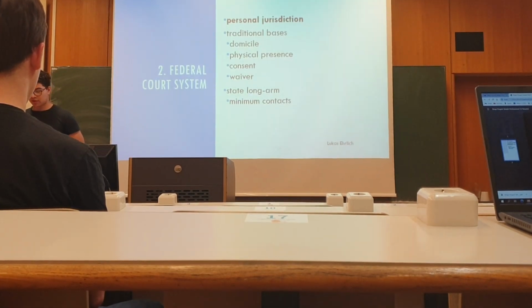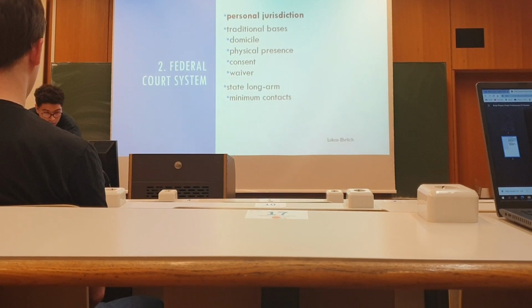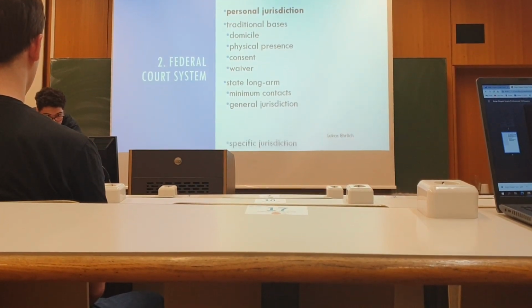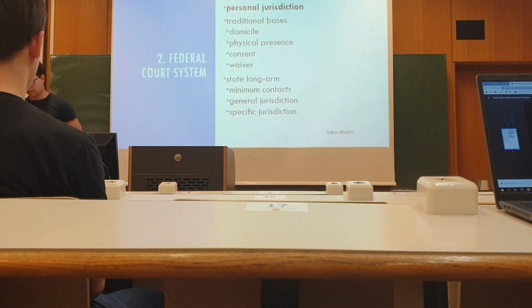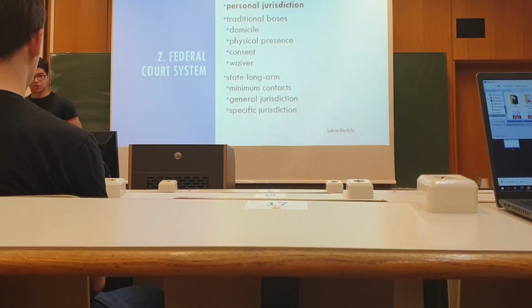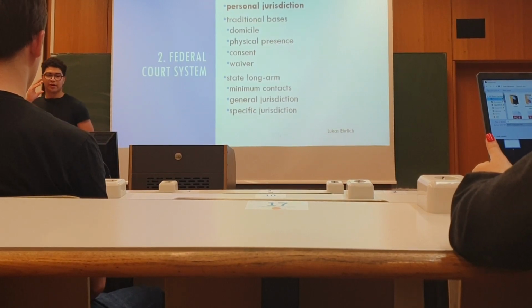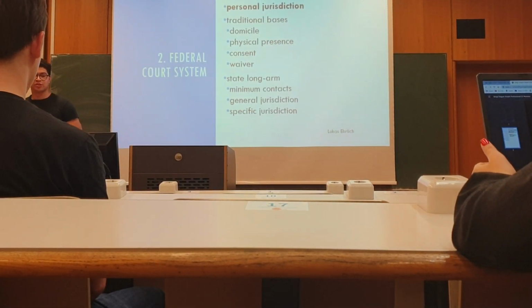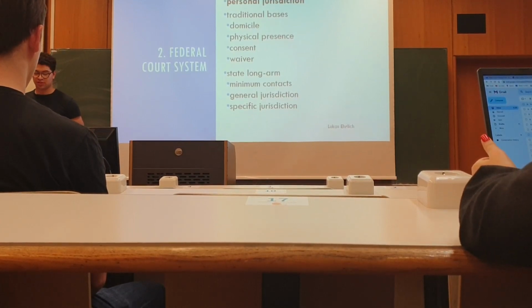And if none of the traditional cases are satisfied, so if none of those four things apply, then there's something called the state long arm, which is a situation where, despite not living there, despite not having any physical presence there, a person can be sued in a specific state.